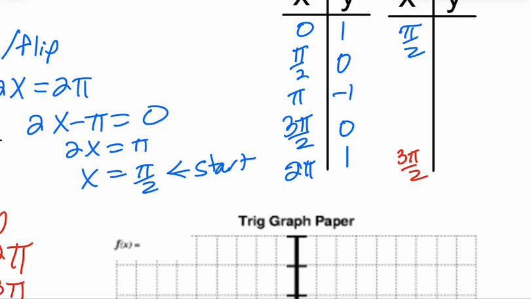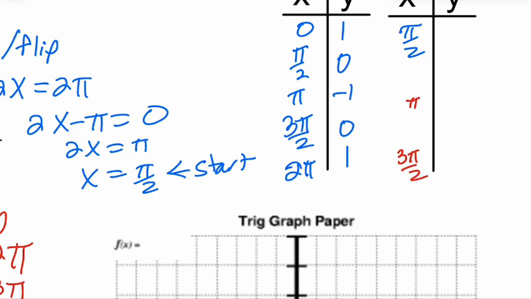What's between pi over 2 and 3 pi over 2? What's 2 pi over 2, or pi? So we get this middle one. What's between pi over 2 and pi? Think about your unit circle. It's not always a bad idea to have the unit circle. I told you to take a picture in your camera roll.